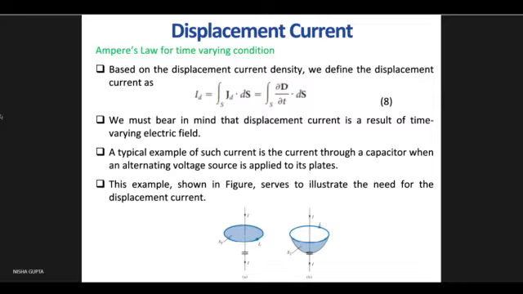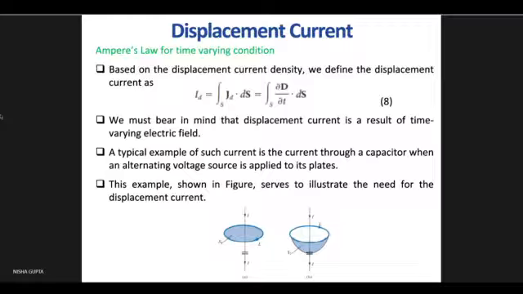As I told you, to understand the concept of the displacement current, we can consider a very simple experiment where we have a capacitor in the circuit. Now you can see in this circuit, in the first figure, we consider a surface S1.